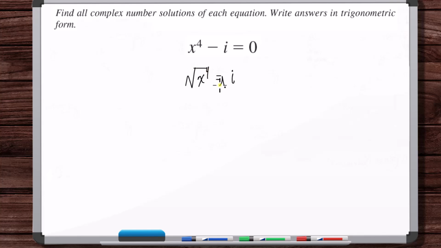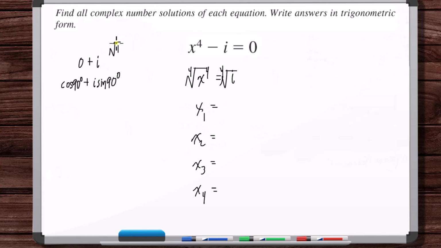Okay, fourth root. So x is equal to, we're going to have, what are the 4 numbers in the complex plane that when you take them to the fourth power, you get I. So we're dealing with 0 plus I. In polar form, this is cosine of 90 plus I sine of 90.